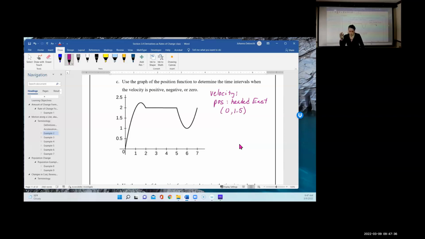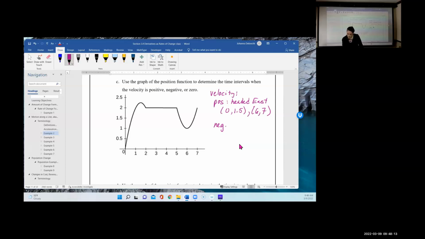From 0 to 1.5, the slope of the tangent line is uphill. Then it goes downhill, so that's not positive. Then it's stopped, then it's headed west, so that's not positive. But then right here, it goes back positive again, so that's where it's headed east again. And I would say between 6 and 7. So it's positive and headed east in those two time intervals.